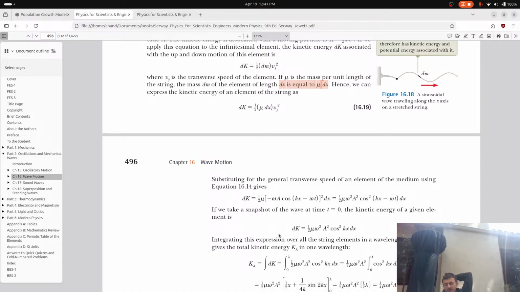Therefore, the power or rate of energy transfer associated with the mechanical wave is the energy in one wavelength divided by the period. That's neat. That's a pretty cool derivation. The energy in a wave.